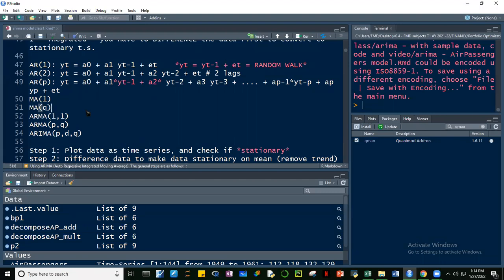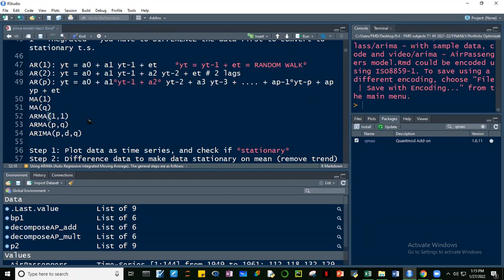Okay, kunyari MAQ. So that will have an epsilon t minus 1 plus epsilon t minus 2. Okay, ibig sabihin dalawang error terms. Okay, so I left this as is, guys, para i-research nyo kung ano ba yung standard model ng MA1 at saka MAQ. Tapos yung ARMA 1-1, combination lang. Kukombine lang natin si AR1 at saka si MA1.